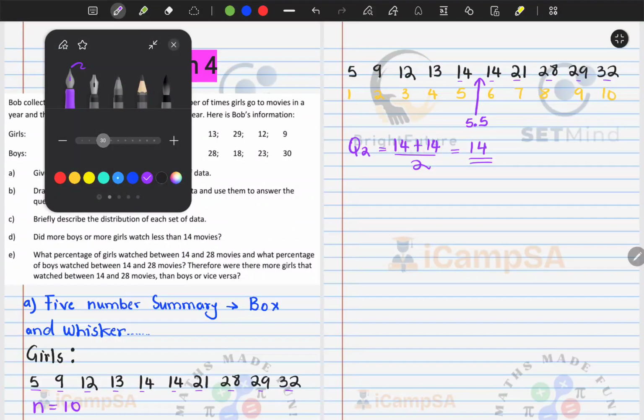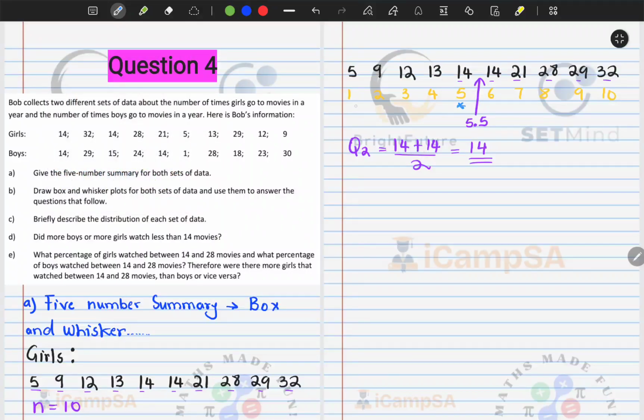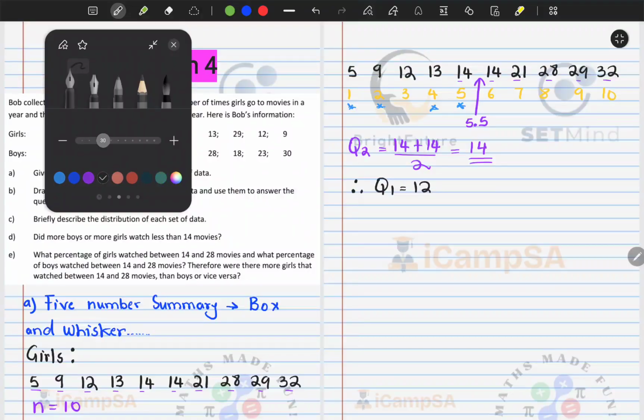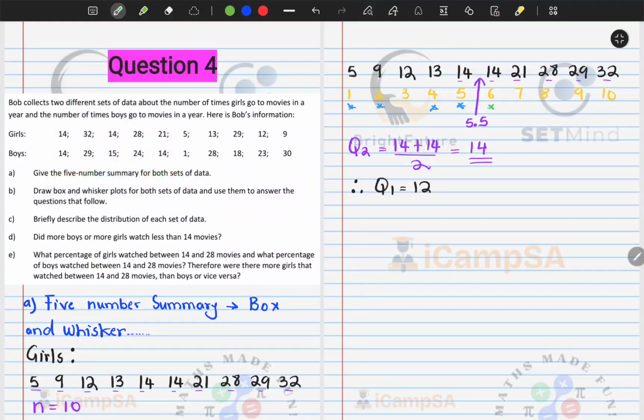But now, if you think carefully, if your Q2 is there, then it splits this into even parts. So it makes this here to be your Q1. So therefore, our Q1 will be 12. Then let's go for your Q3. So you'll see how this is going to split.